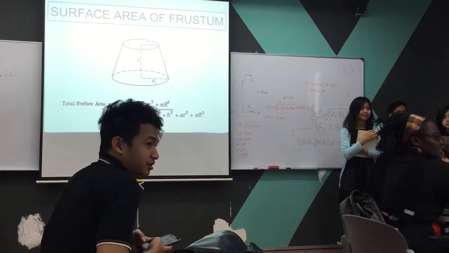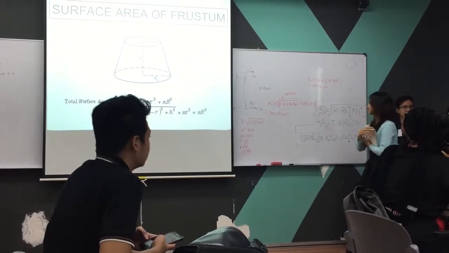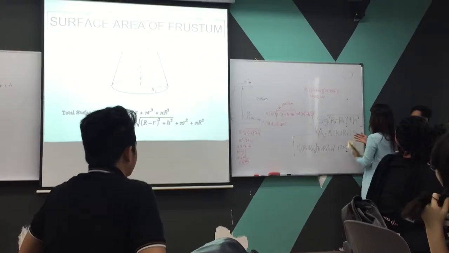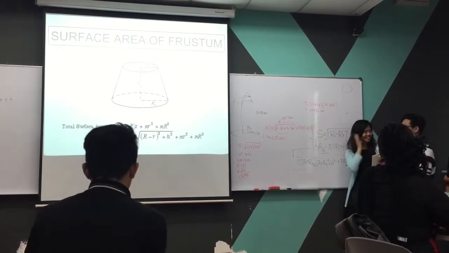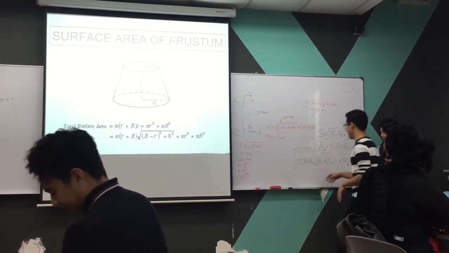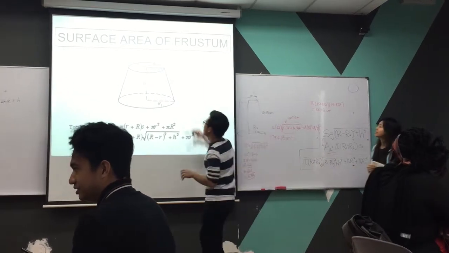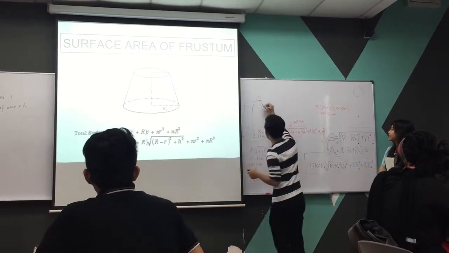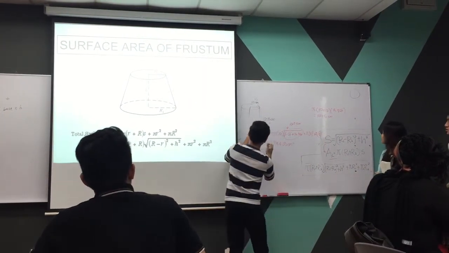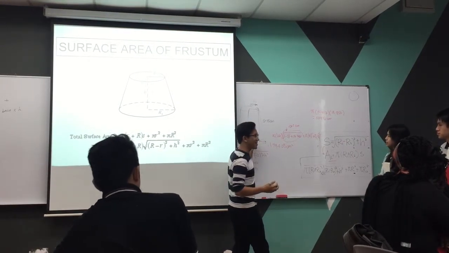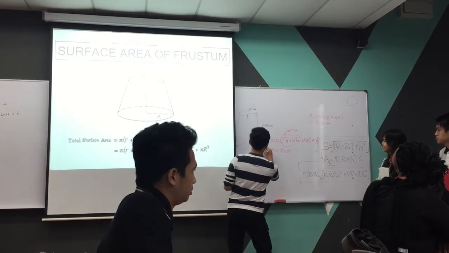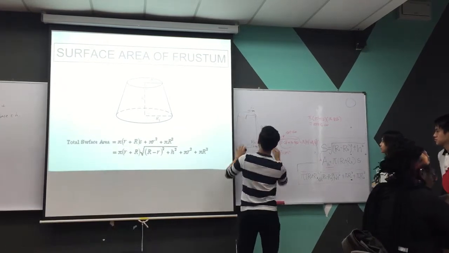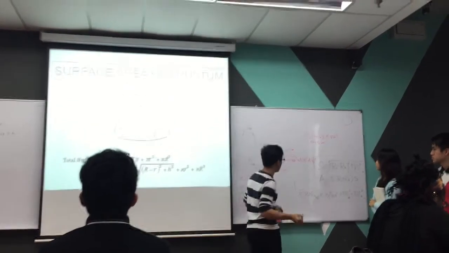Why the first formula S equals square root... Because when you do it, it will become Pythagoras' theorem. This will become R minus R, this will become the H, and this will be the height.